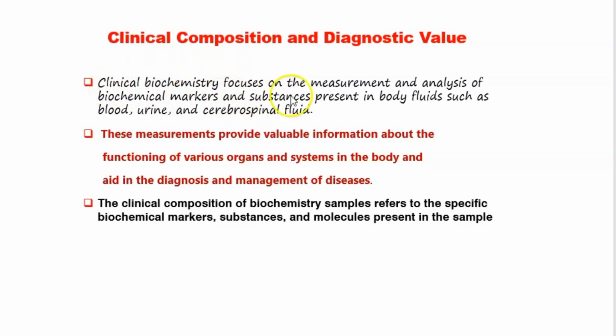Clinical biochemistry focuses on the measurement and analysis of biochemical biomarkers, and these are substances that are present in body fluids such as blood, urine, cerebrospinal fluid, or synovial fluid. I want you to understand something carefully, that in clinical biochemistry, there's something we call a sample of blood.